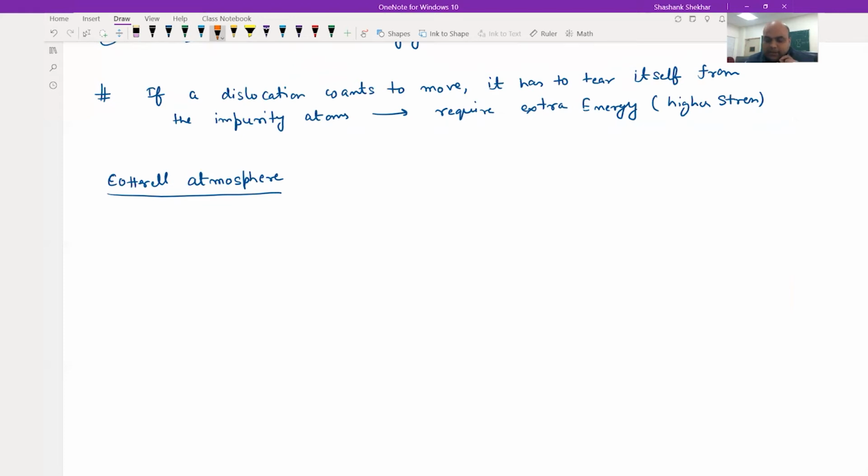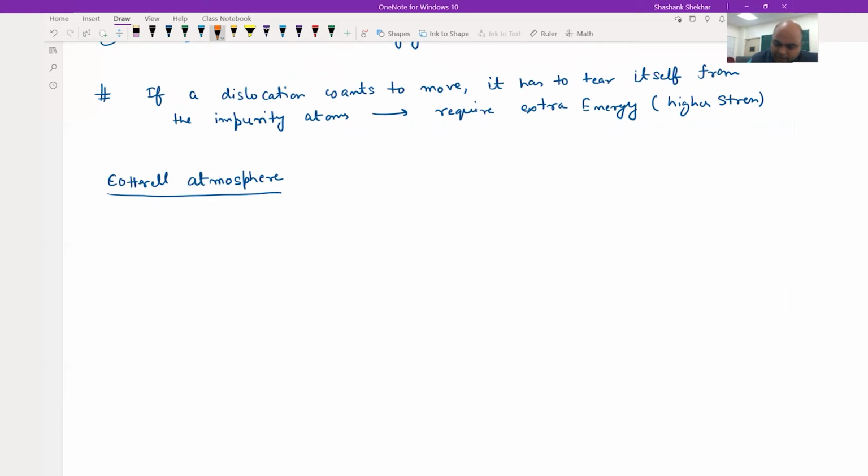If we talk about steel, it contains carbon atoms, isn't it? These carbon atoms are also interstitial atoms, right? So they are also going to sit below the dislocation line at the dislocation core.